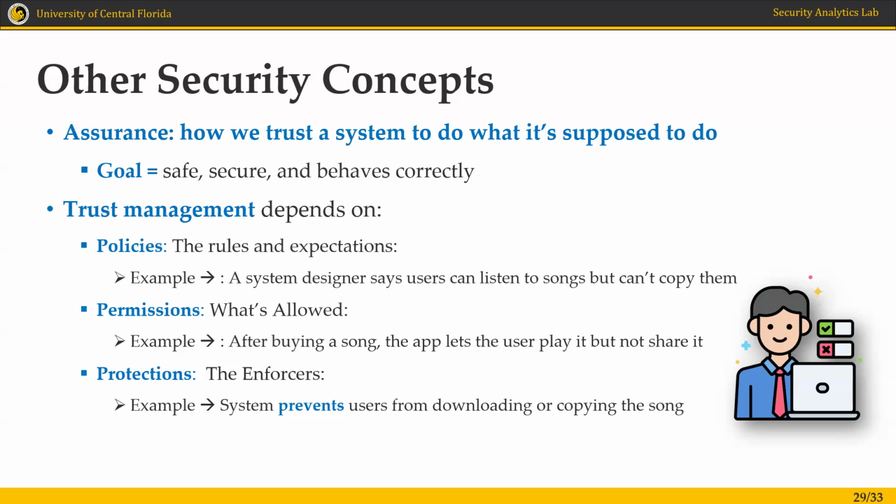So a system designer can say users can listen to songs but can't copy them. Permission is what is allowed. So after buying the song, the app lets you play it but not share it. And protections are the enforcers, such that the system prevents users from downloading or copying the song.